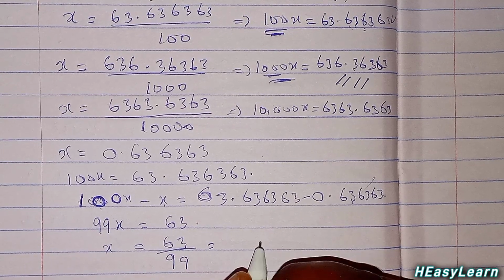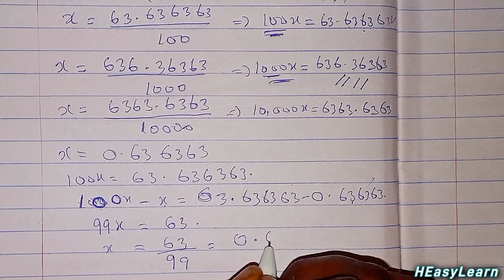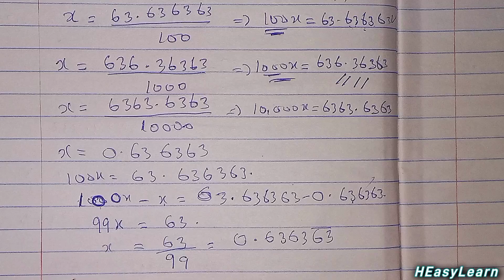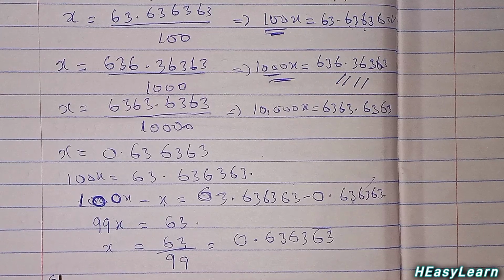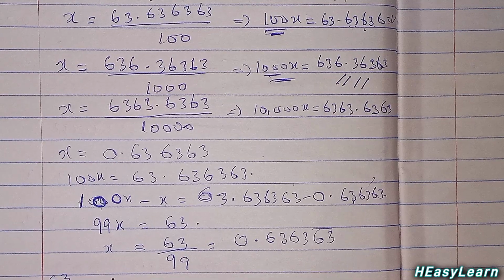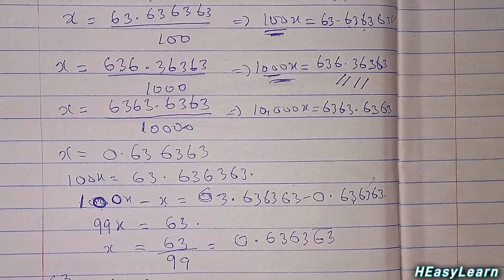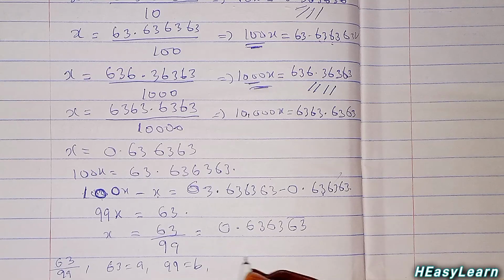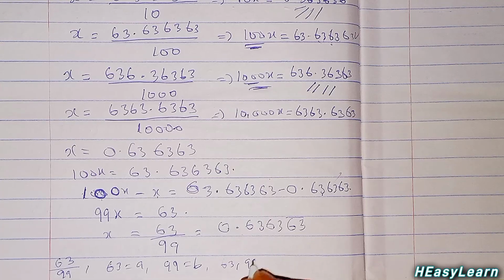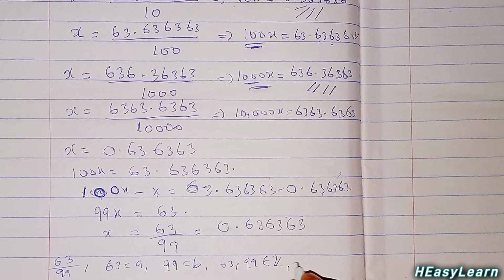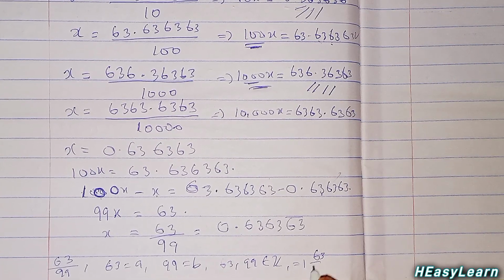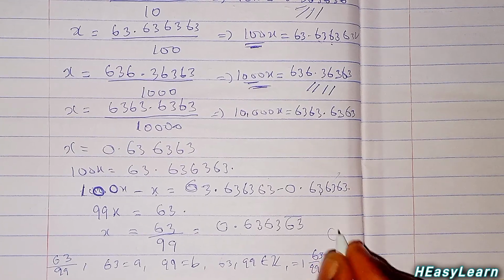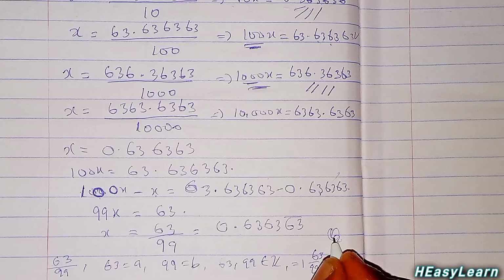If you press it in a calculator, you see this is the same thing as 0.636363. So we have found the fraction 63 divided by 99, for which 63 is A and 99 is B. 63 and 99 are coming from the set of integers. This implies that 63 divided by 99, equal to 0.63 repeated, belongs to the set of rational numbers.